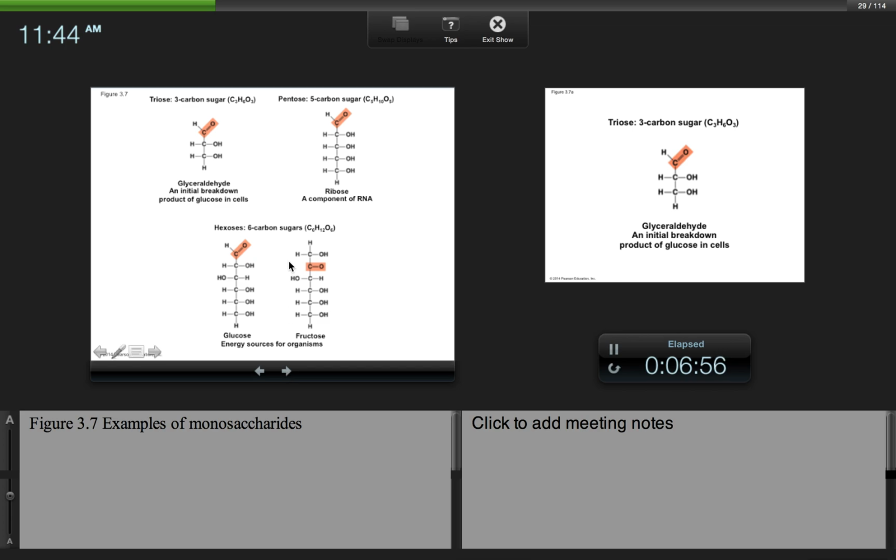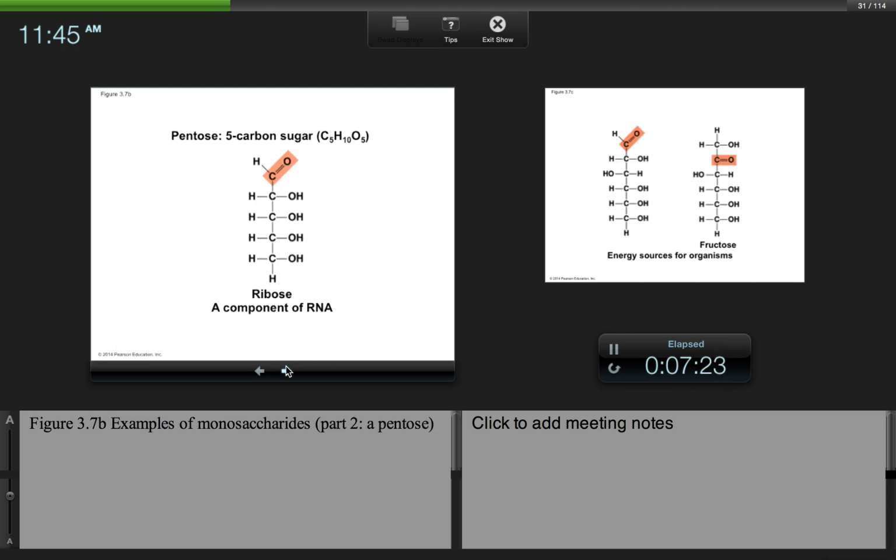Okay, so here we have a glyceraldehyde, which is a 3-carbon sugar. We have ribose, and then we have glucose versus fructose. Notice one of the differences, well, the primary difference, is the location of the carbonyl group. In fructose, it's in the interior of the molecule, and for glucose, it's on one end.